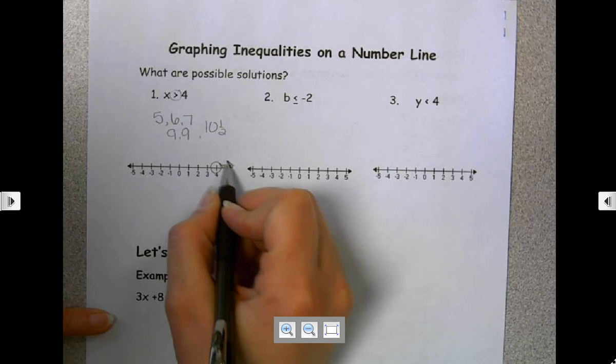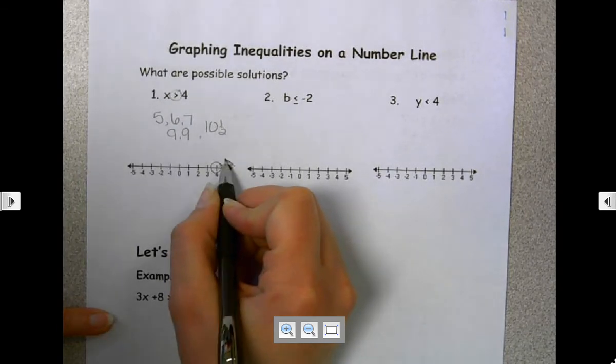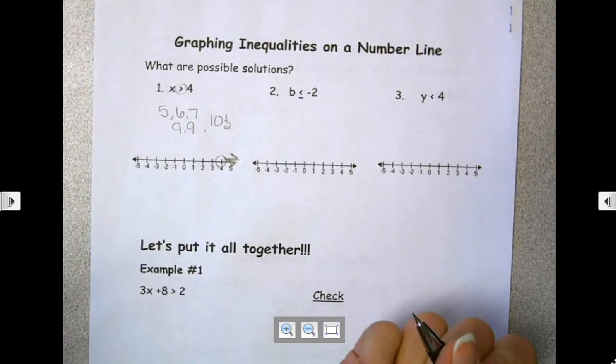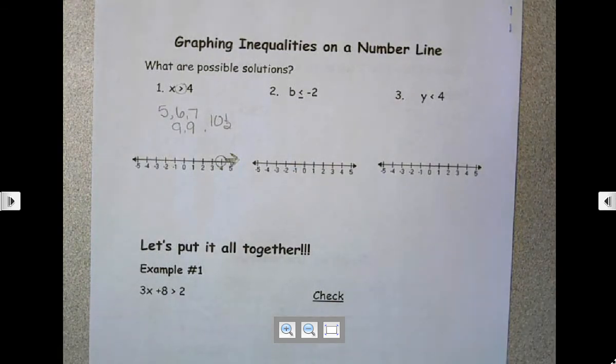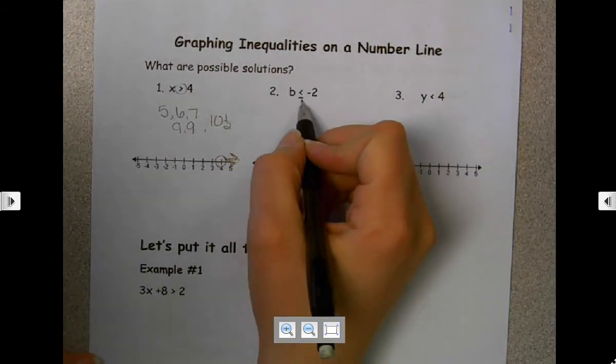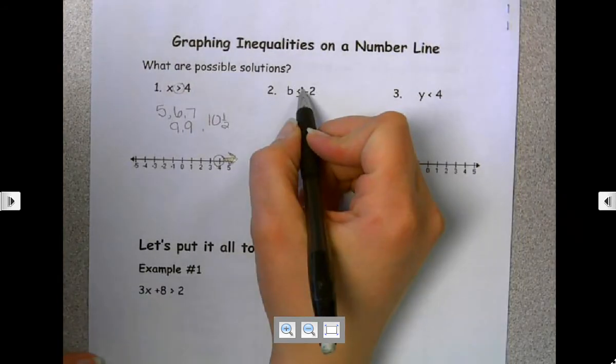So we are going to shade to the right. We're going to make a bolded arrow going to the right. So that means that all values that are to the right of that 4 are included, but 4 is not included. So we're going to go ahead and take a look at number 2.